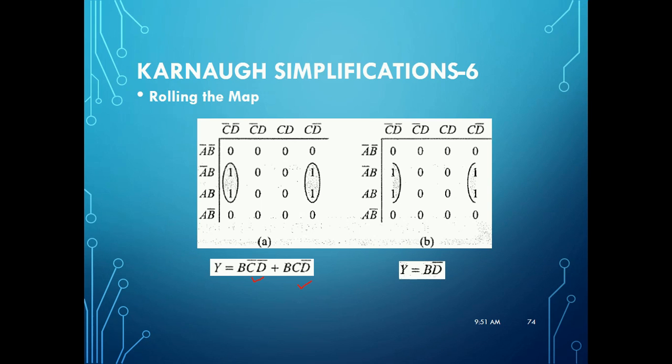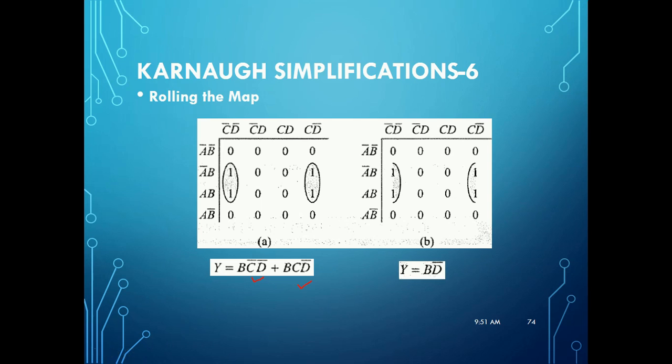In the second case here, the same problem is being solved in a different manner. They have grouped the adjacent ones, rolling the map, and you can see that the corner ones are grouped in this manner. Now you may think which one is right.